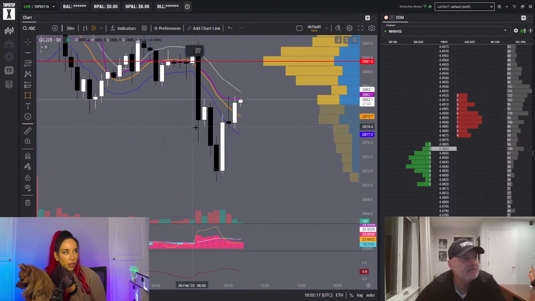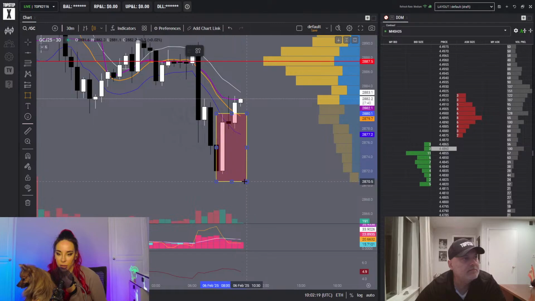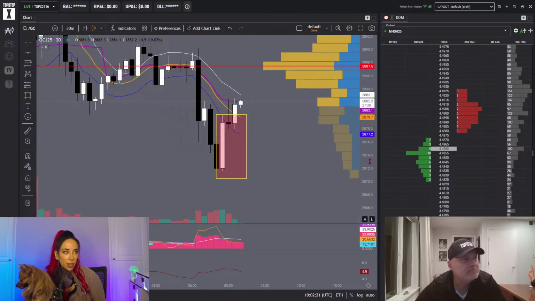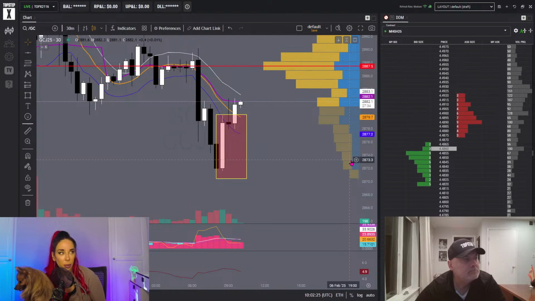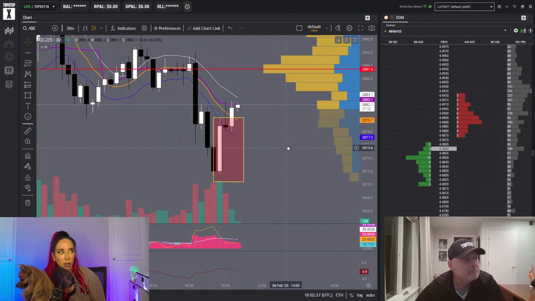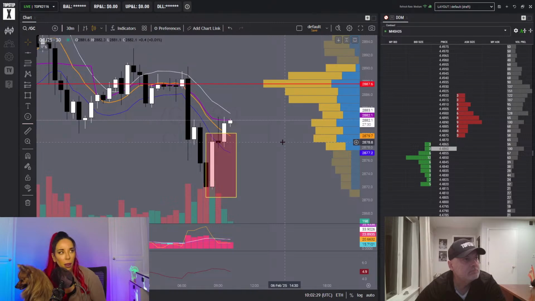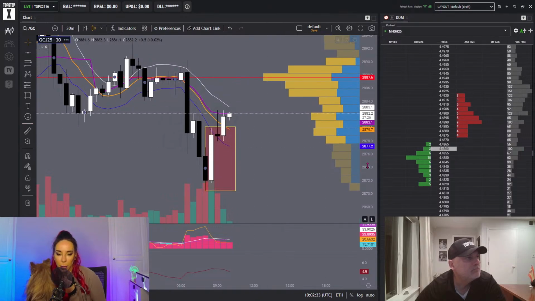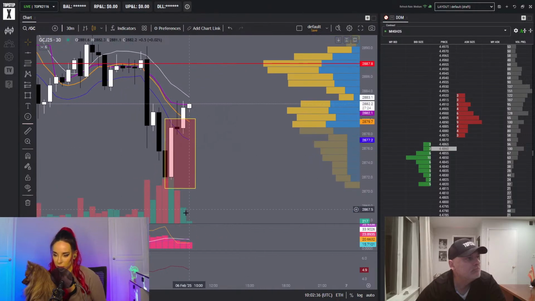This was the initial balance. It's a sizable initial balance. So this could either mean we're going to have a crazy day again, or let's see what happens. I'm not going to say anything, but volume on this particular move is not great.